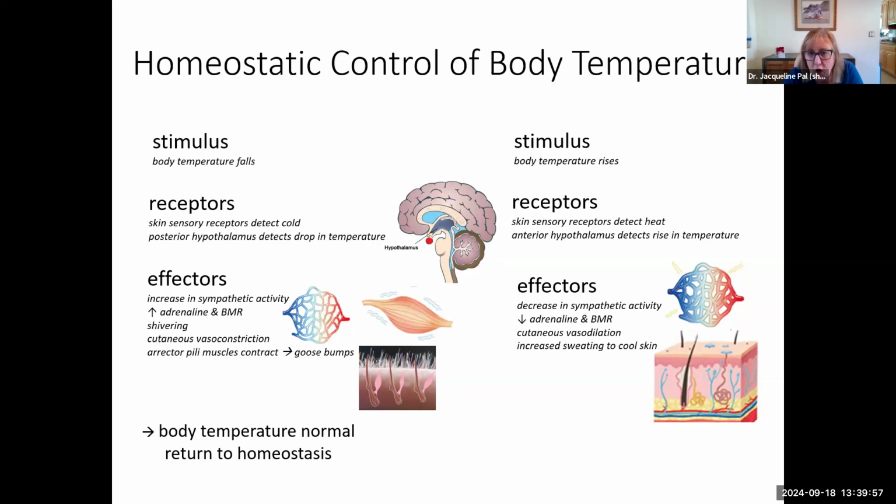We are going to start sweating to start cooling our body. All these skeletal muscles are going to start relaxing. Our body temperature is going to return to normal, and we have returned to homeostasis. We are back to kumbaya. So this is negative feedback on both sides.